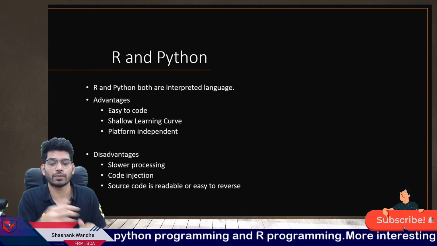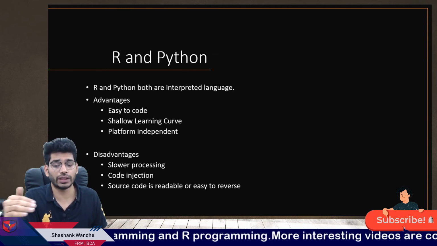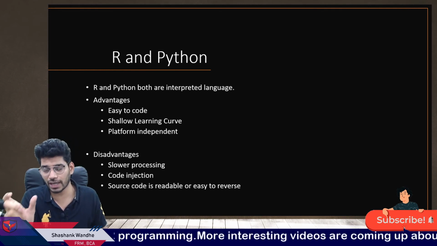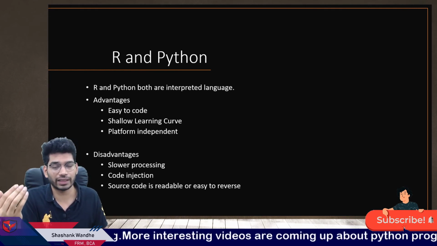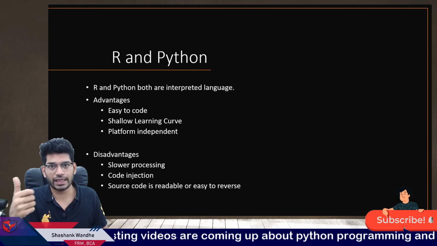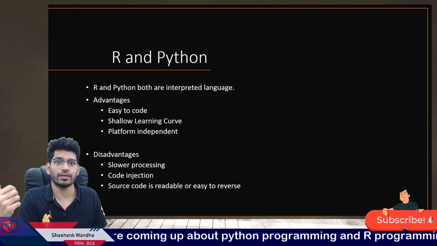Code injection is also possible for compiled languages. It is not unique to interpreted languages, but it is more difficult for compiled languages because there is a compiler. Code can be injected in the compiler, and in the interpreter of interpreted languages, but it is easier to inject malicious code in the interpreter than the compiler.